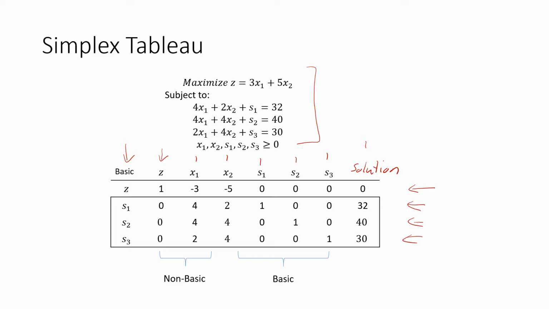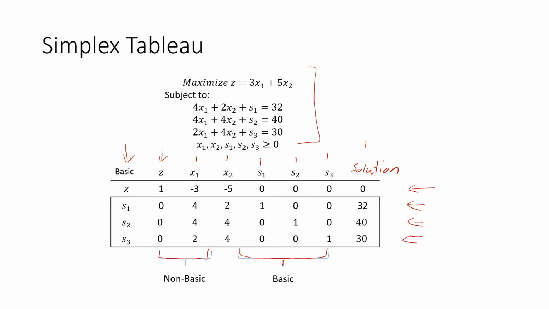Constraint 1 has S1, nobody else has it. Constraint 2 has S2, nobody else has it, and so forth. Those variables, we call them basic variables. So to start with, our slack variables are usually our basic variables. Our others are non-basic variables.